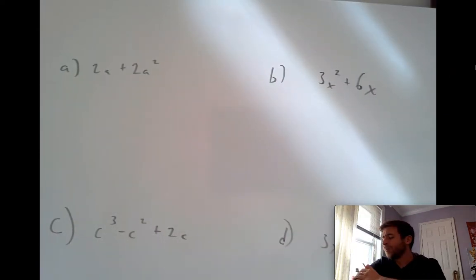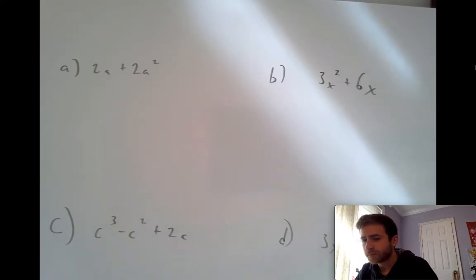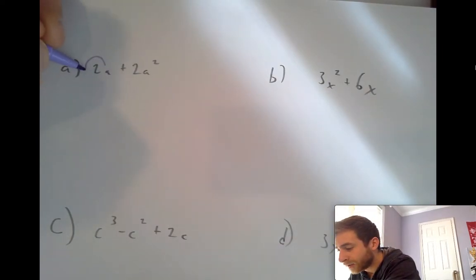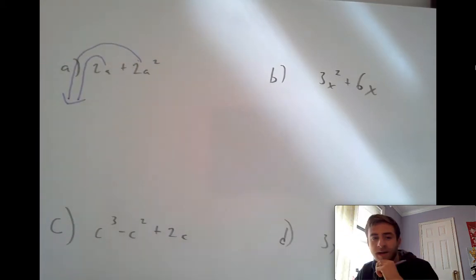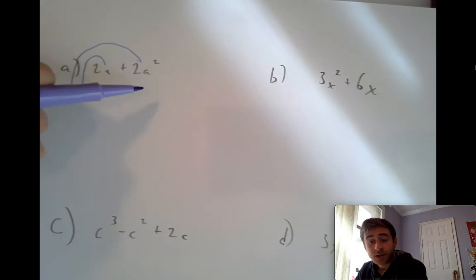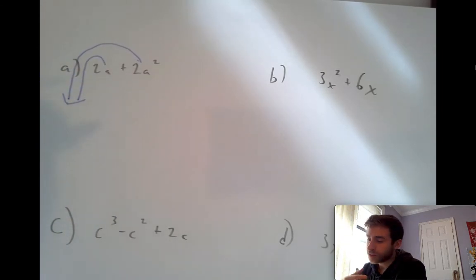I'm going to do my visual way for this one first, and then the second one we'll do taking steps. So let's start saying, all right, well, I know I'm going to drag out something from this guy and something from that guy. So I'm going to draw my arrows there. For the numbers, it's a 2 and a 2, I'm allowed to divide out a 2 from both of those, right?